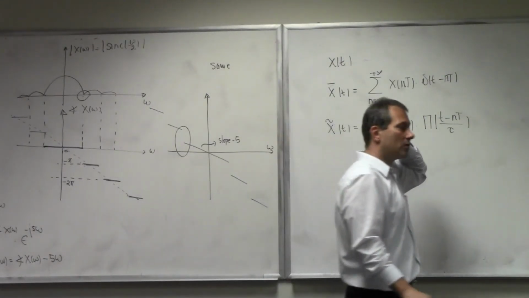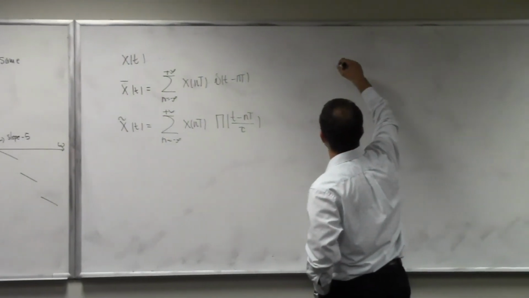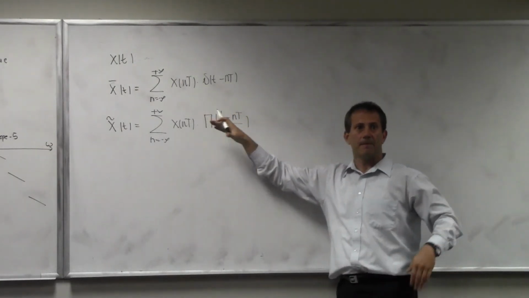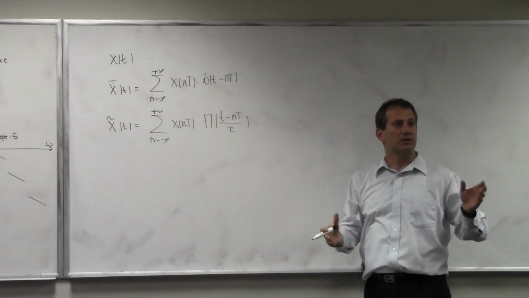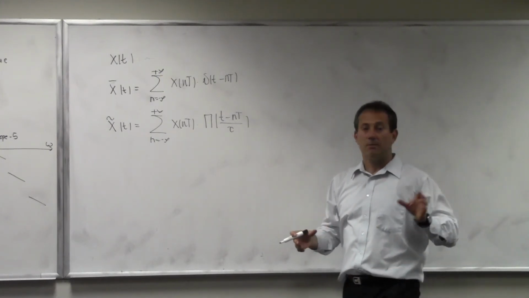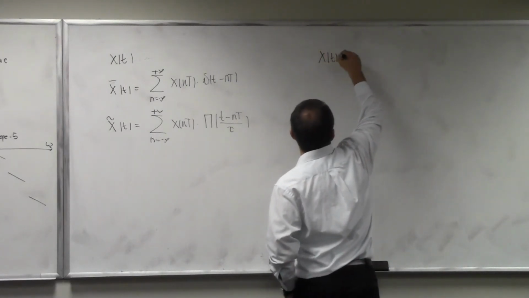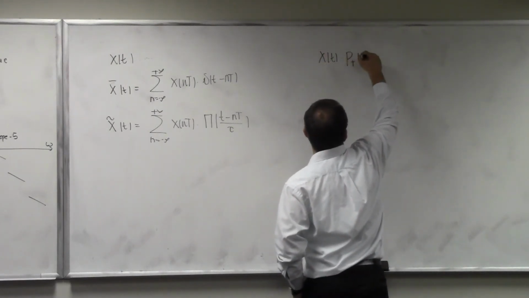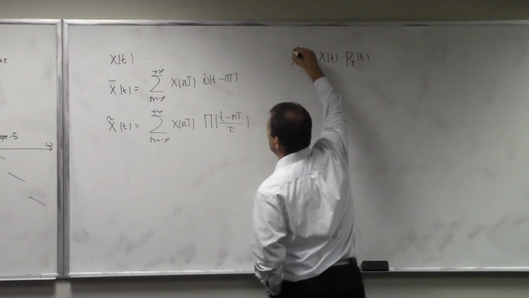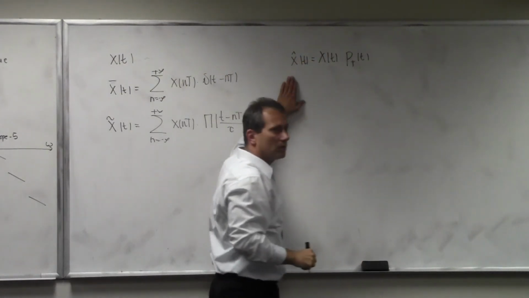There's one thing that we already showed, and that is that you can sample, you don't have to sample by delta. You can sample with any periodic function, right? But let me zoom in. We show that you can say x of t times any periodic function, and you get some sample signal. And how did we show that?